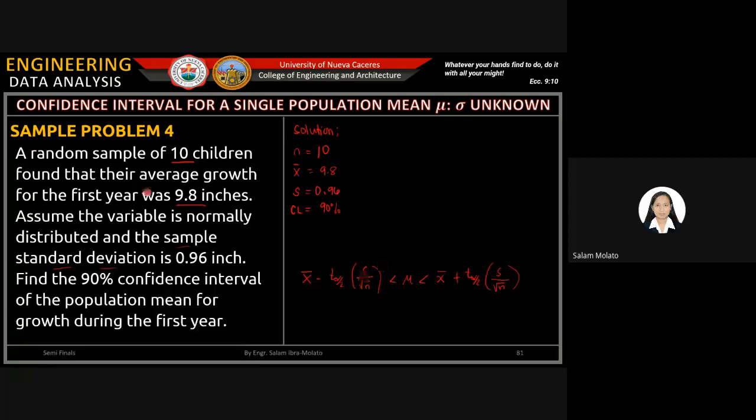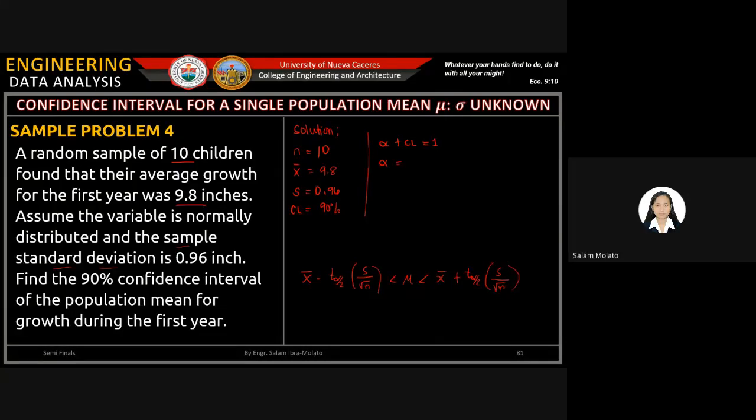Okay. So, kaya binalikan ko muna yung discussion last meeting because as we all know, meron tayong formula na alpha plus confidence level is equal to 1. Right? Okay. This is to find the T alpha over 2. So to find alpha, we transpose CL to the other side.